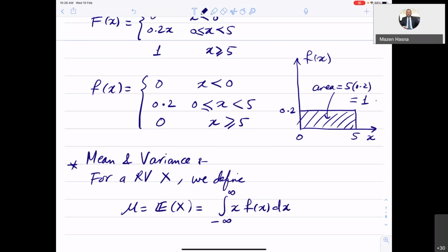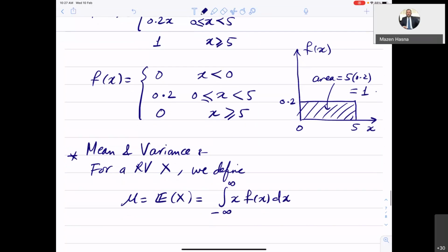Exactly the same as before, where we had a summation of x times f of x. In the continuous domain, the summation becomes an integration. So we just integrate f of x multiplied by x.